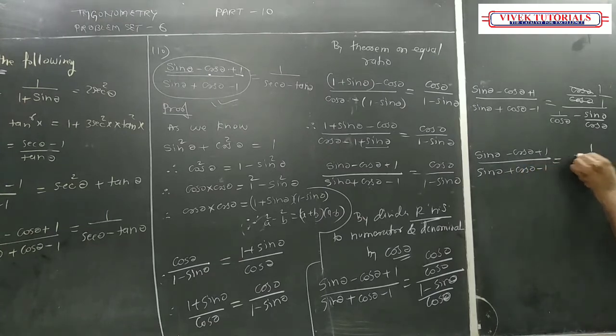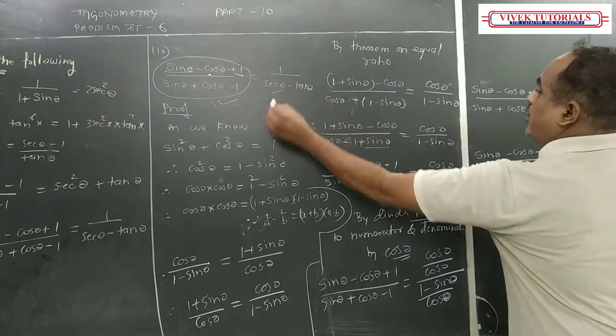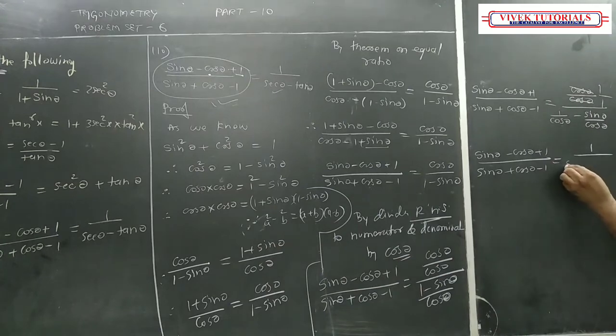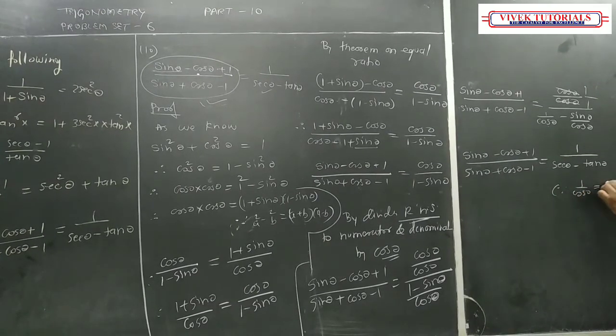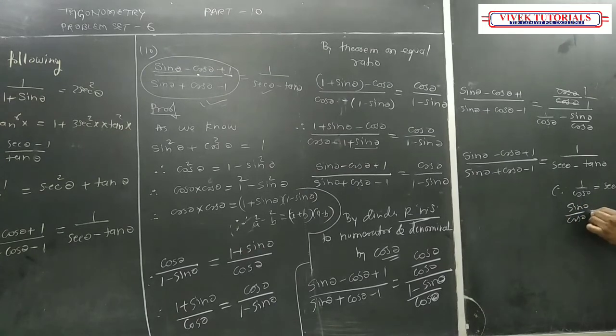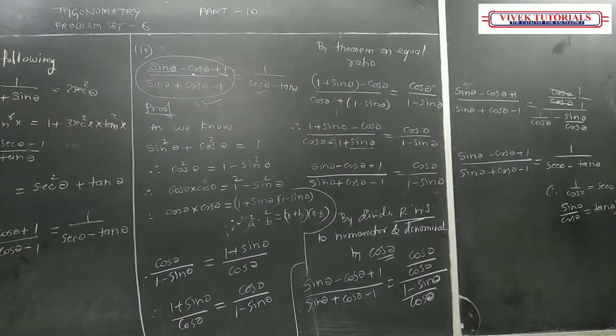upon 1 upon cos theta minus sin theta upon cos theta. 1 upon cos theta is nothing but sec theta, and sin theta upon cos theta is nothing but tan theta.